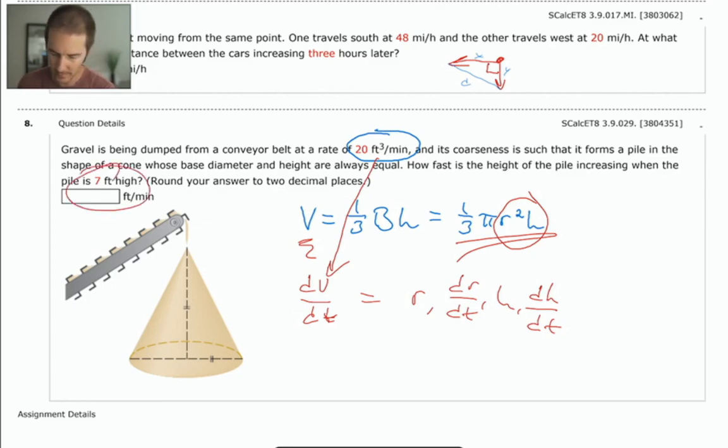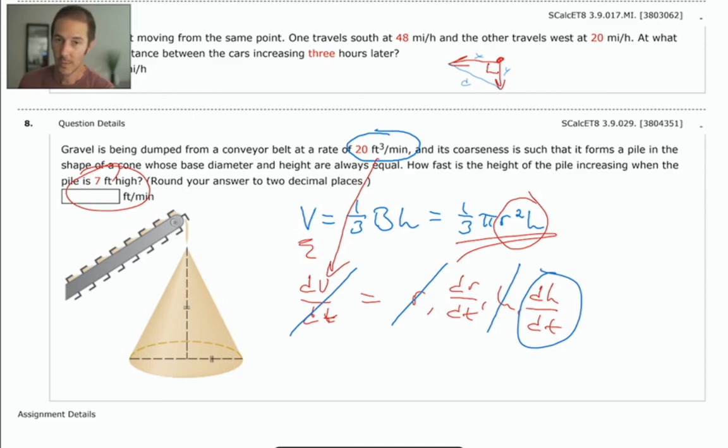So 7, that's the h value. Since they gave us h, they sort of gave us the r value. We can figure out the r value from the h value. And they're asking us how fast is the height of the pile increasing, so this is the unknown. This is what we're trying to figure out. But they didn't give us dr/dt. Interesting. What in the world are we going to do about that?